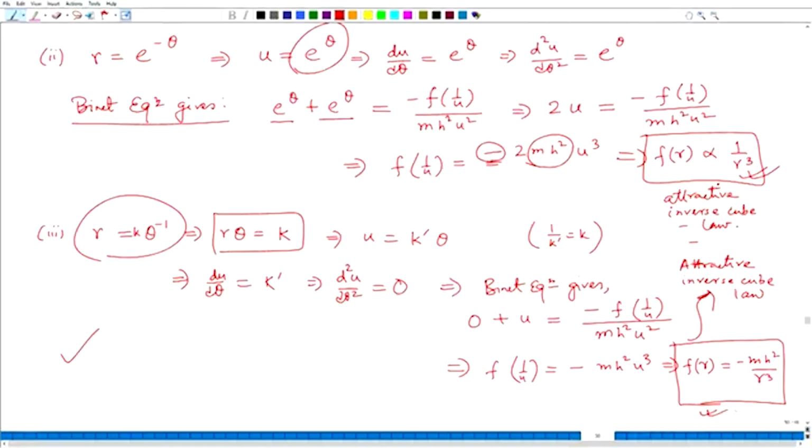Now, the question is why, starting from the same type of force law, we may have different trajectories. If you want to understand very simply, this is due to the different constants of the force functions. For example, here the force function may be f is equal to minus k1 by r cube, and here f is equal to minus k2 by r cube.